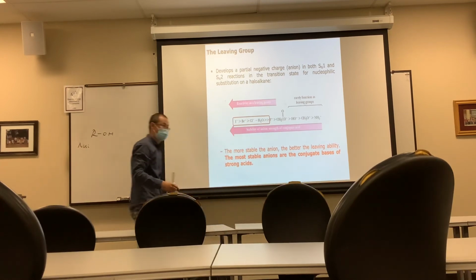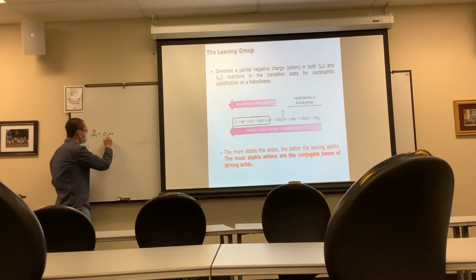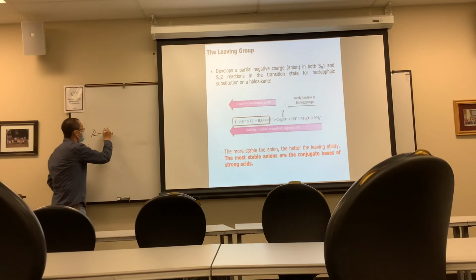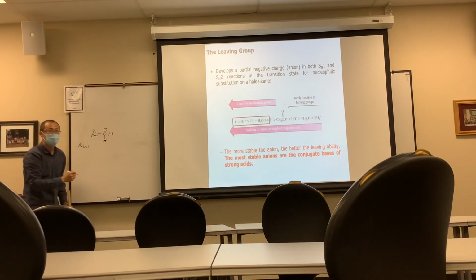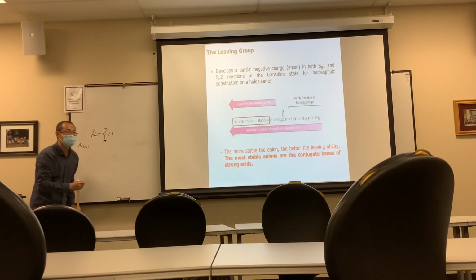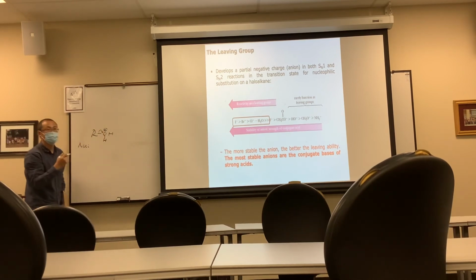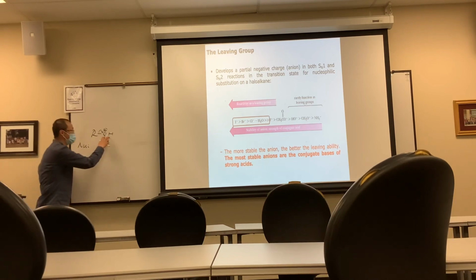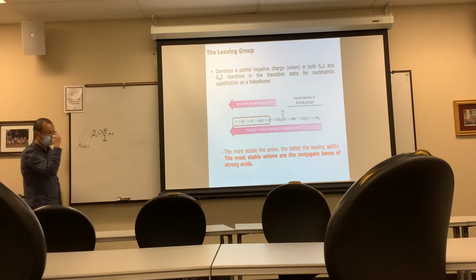In order to do that, usually we add a proton first to make OH2 plus. Now OH2 plus leaves as water. See that? It changes the charge, and now we've changed a bad leaving group to a good leaving group. Water is a good leaving group.